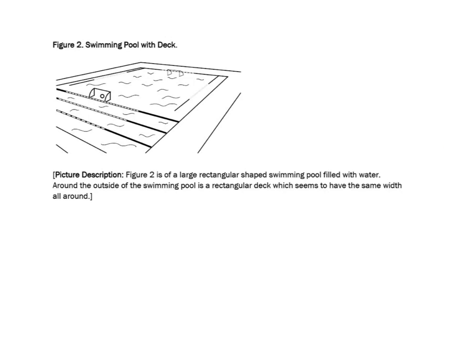In this figure, we've got a large rectangular shaped swimming pool filled with water. Around the outside we have a deck out here, might be tiled or concrete or something like that. And we might need to figure out how many tiles we need around this pool, or how much concrete we need.